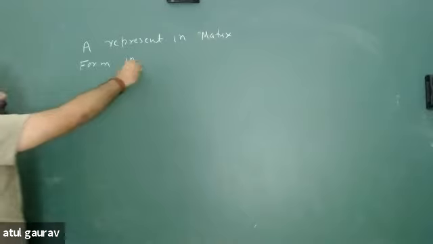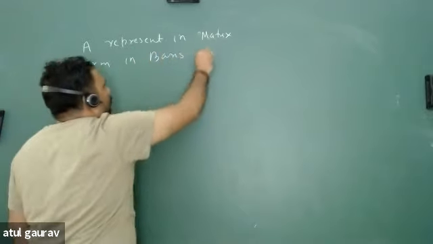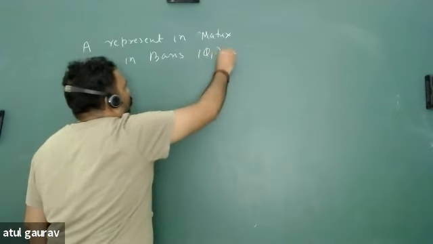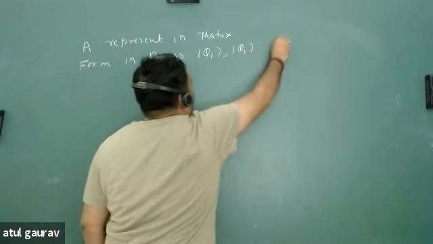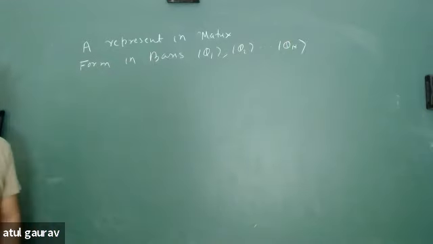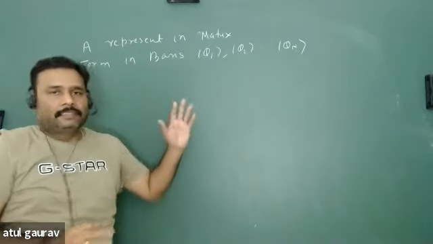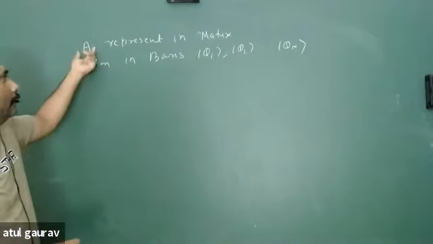So you have to write some basis. Let's say this is phi 1, phi 2 up to phi n. So you have to make an n cross n matrix with this basis, and this can be defined by this.